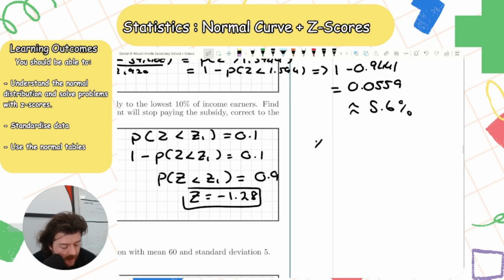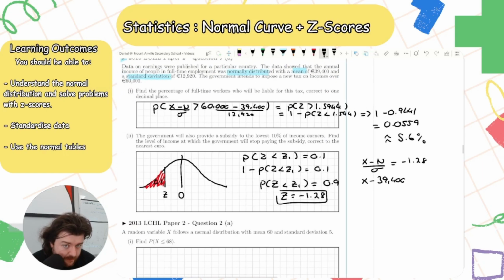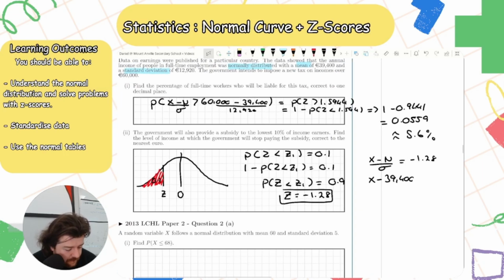So x minus the mean of 39,400, all over the standard deviation of 12,920, is equal to minus 1.28. Multiply across by that, and then add on 39,400.